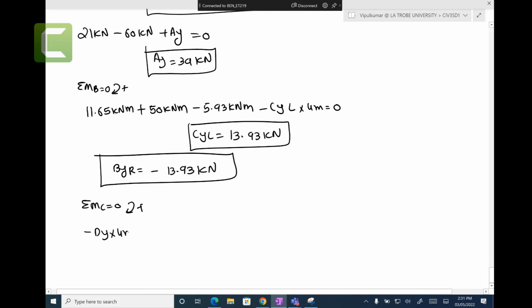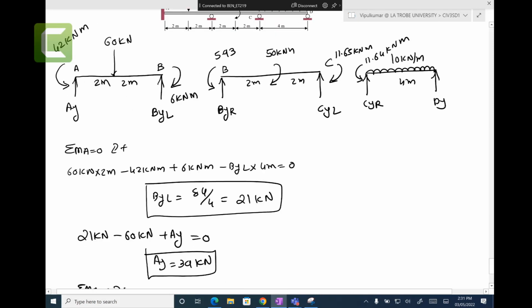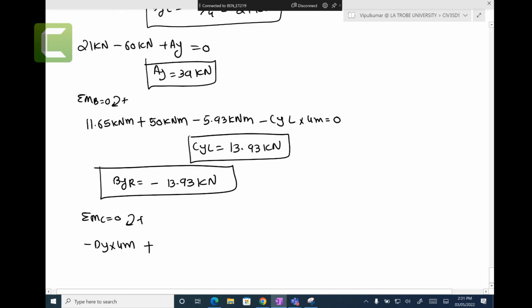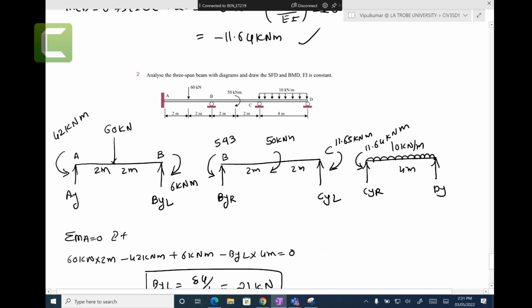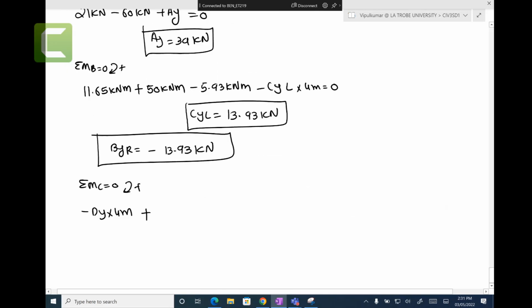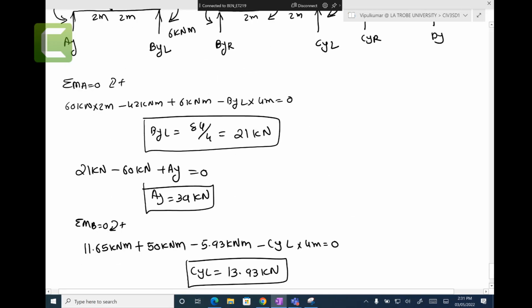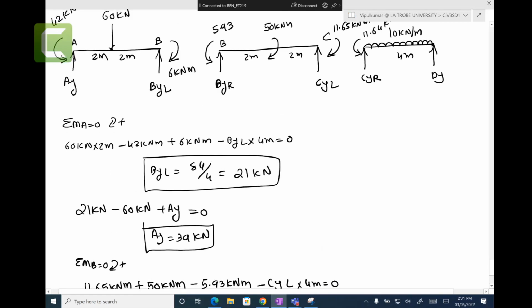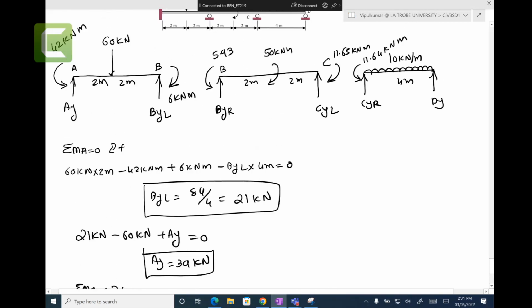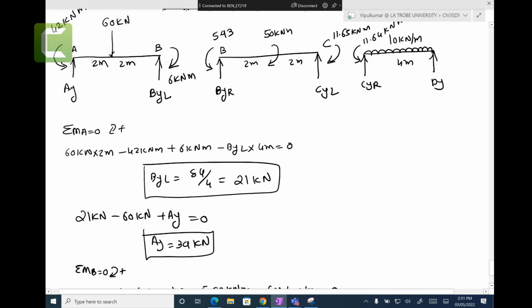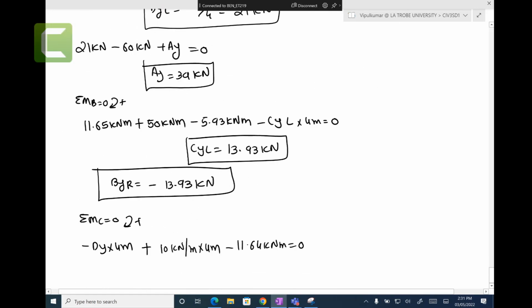Minus DY times 4 meters plus 10 kilonewtons per meter times 4 meters, minus 11.64 kilonewton meters, and then we need to multiply by 2 meters here as well.